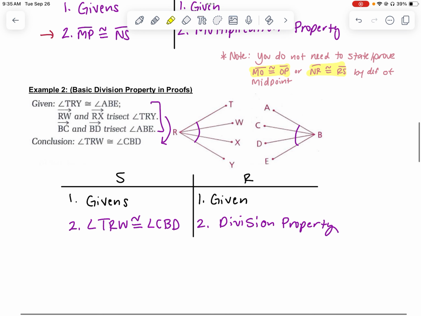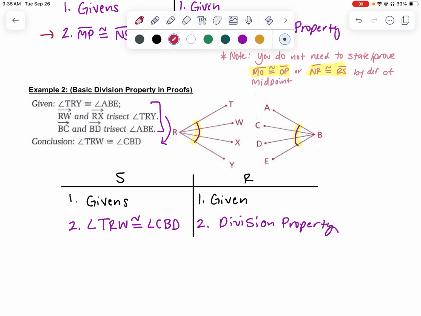To show how the division property shows up, here is a sample statement. So what we know first is angle TRY, which is this whole angle in the diagram on the left, is congruent to angle ABE, the whole angle in the diagram on the right. We know that RW and RX trisect angle TRY.